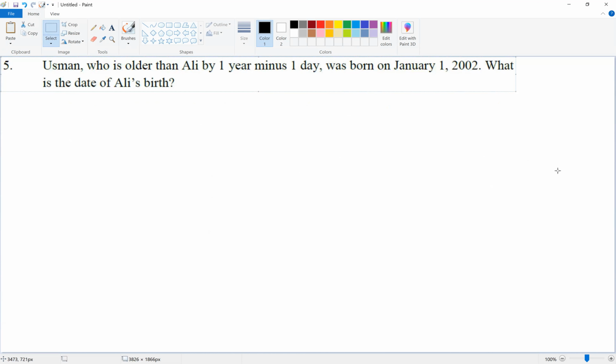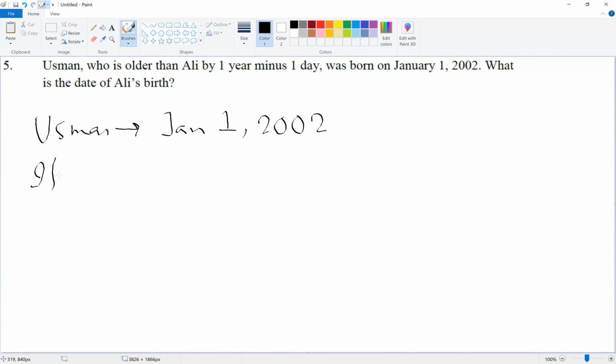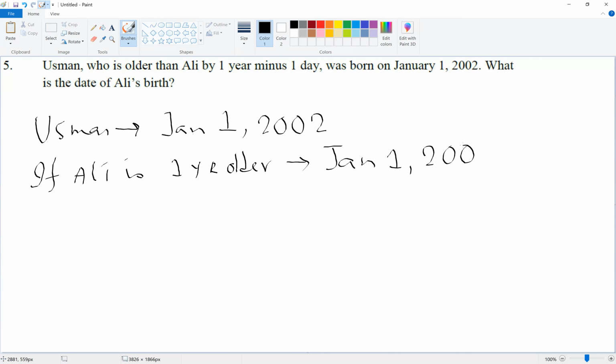Let's rewrite. So Usman is born on January 1st, 2002. If Ali is 1 year older, then it would be January 1st, 2000. I switched Usman and Ali.